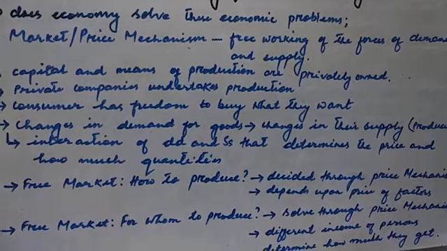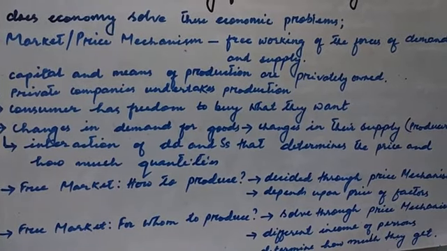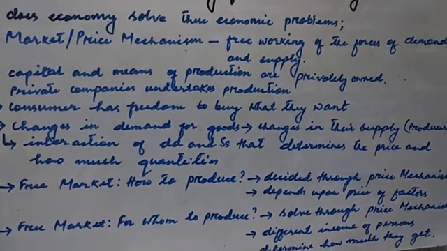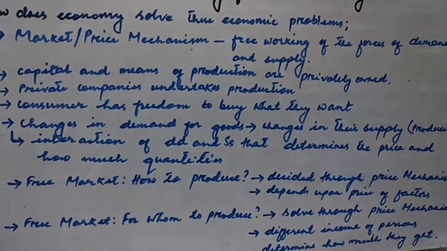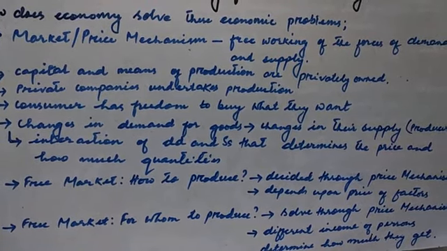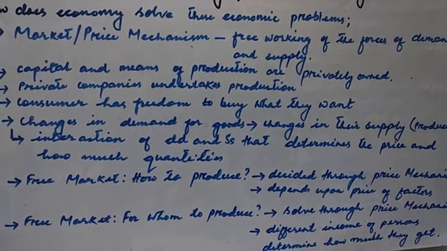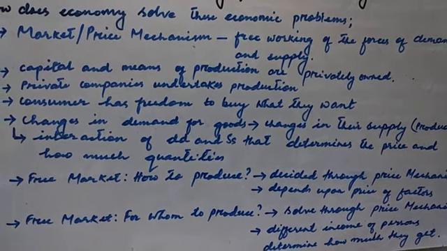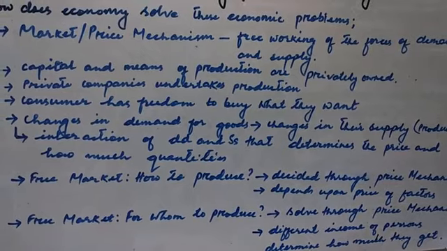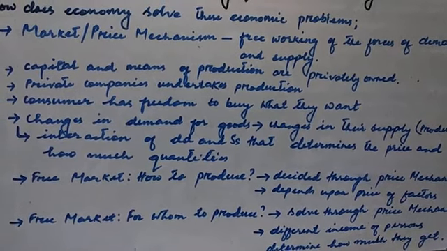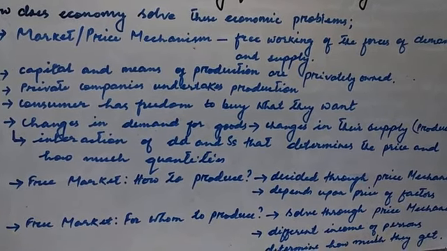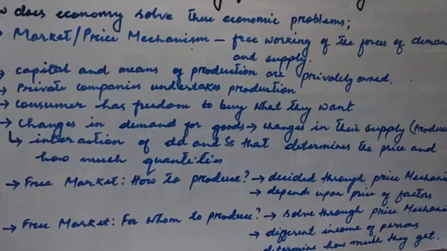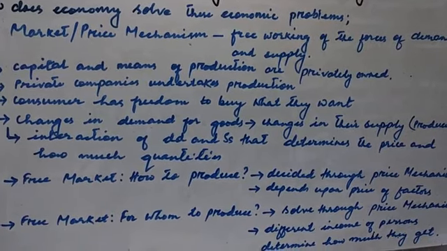Which method we use for production of goods will depend on the prices of factors of production such as wages for labor, interest on capital, rent of land, price of fuel, etc. So it will depend on the prices of these various factors of production, which will decide how to produce. The prices of these factors are determined by their demand and supply.